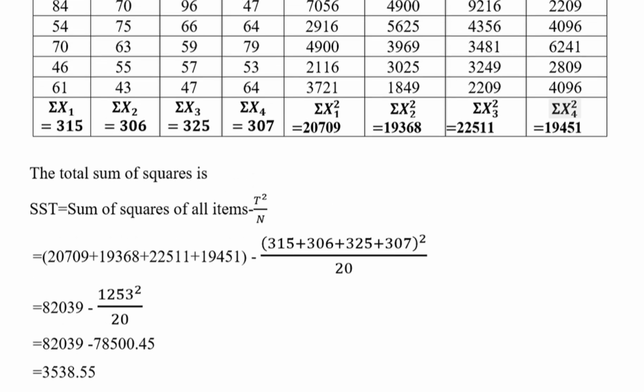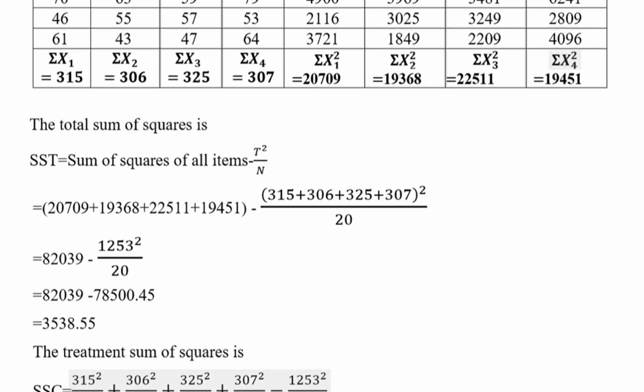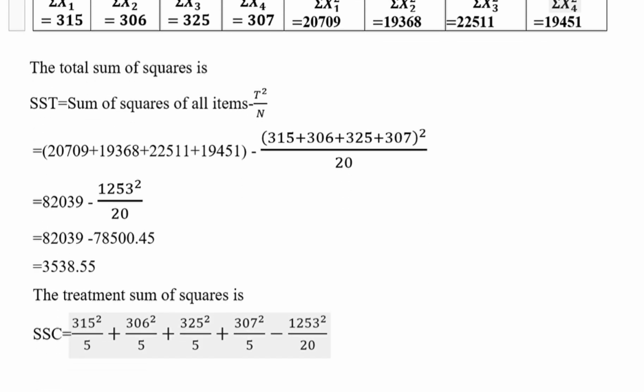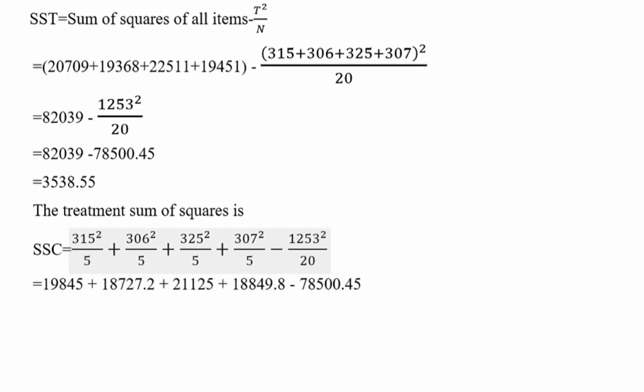For example, if we had 4 observations in X3, like 96, 66, 59, and 57 only, we would get the total, assuming it is 325, square it, and divide by 4. So we divide by the number of items in the sample. When you simplify that, you'll get 46.55.